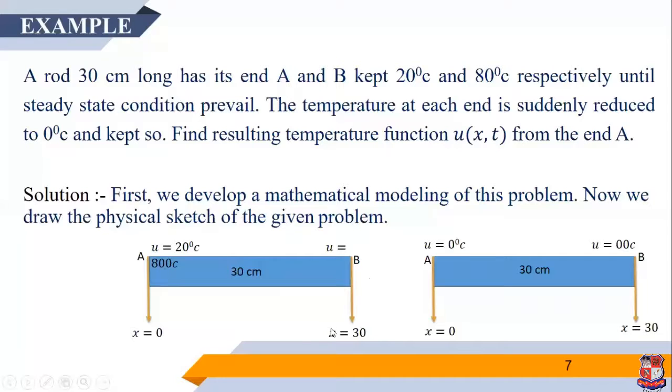In a physical sketch, again I repeat, a 30 centimeter long rod, at end A 20 degrees, at end B temperature 80 degrees. So left end x is 0 and right end x is equal to 30.